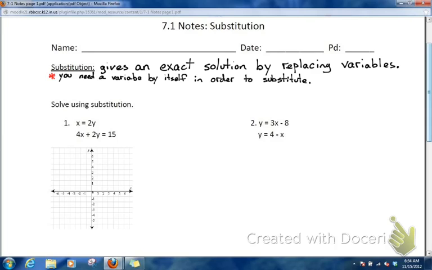So let's look at example 1 here. And we're going to start out example 1 by doing this the old way, meaning by graphing it. So in the first equation I have x equals 2y, and I would have to solve this for y, so I would divide by 2, giving me 1/2 x equals y, or we all know that we can flip that and say y equals 1/2 x.